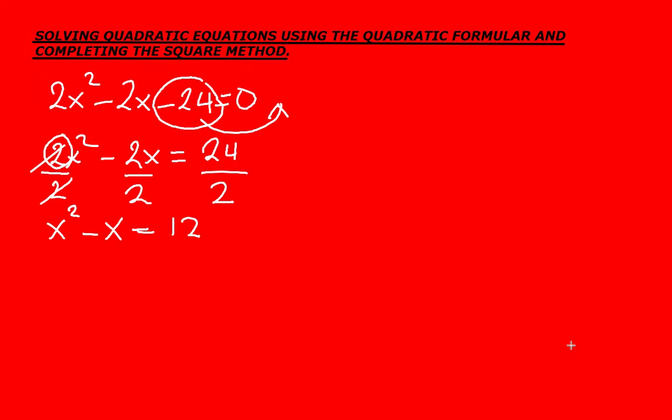That's the second step. Now I'm going to take the coefficient of x. What's the coefficient of x? In this case it is -1. So I take the coefficient of x, which is -1, and I divide it by 2.